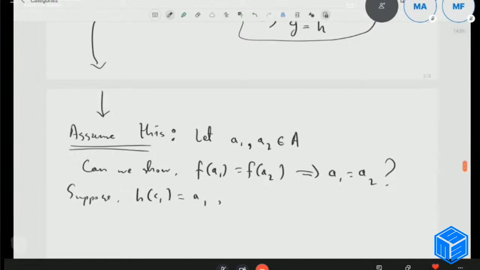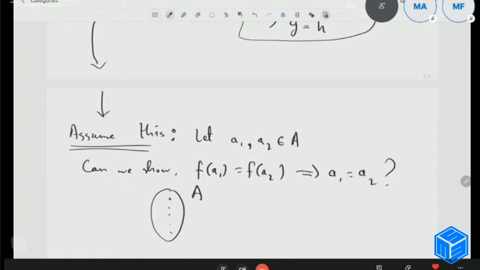Can we somehow pick out elements in A using maps? Take out elements in A, like point to an element in A using a function from some set. Like this is A, okay?